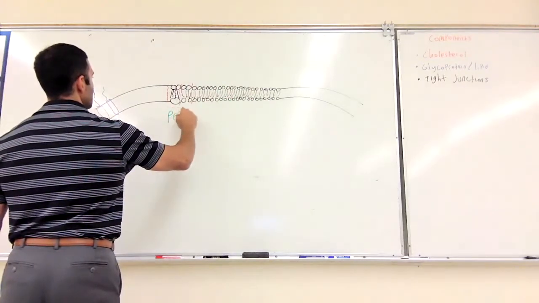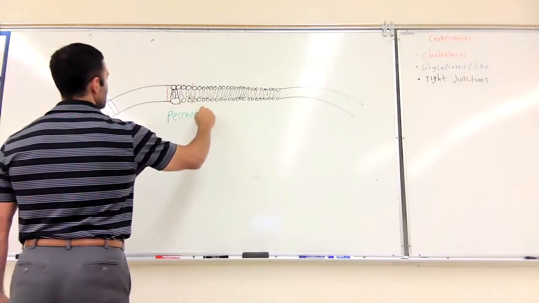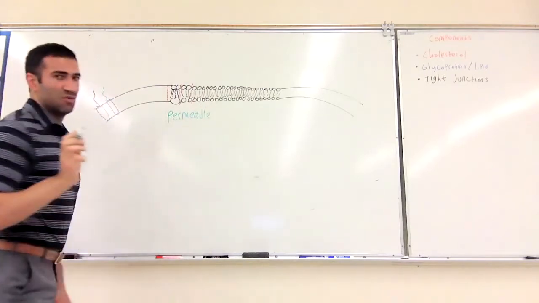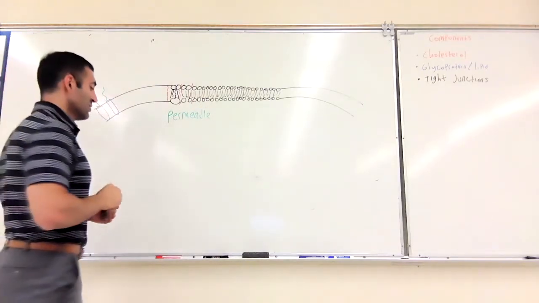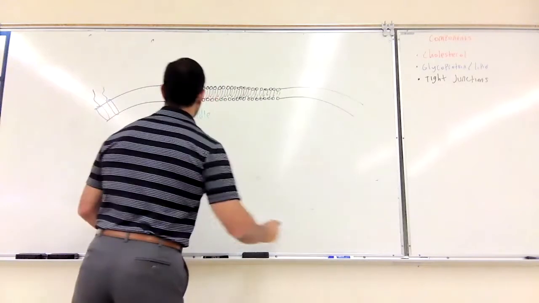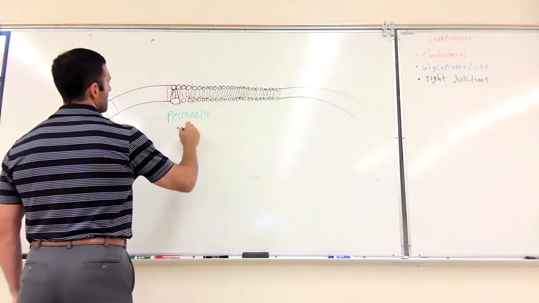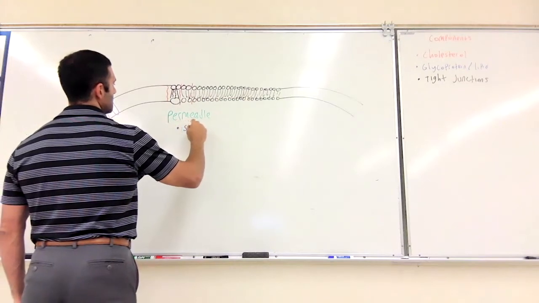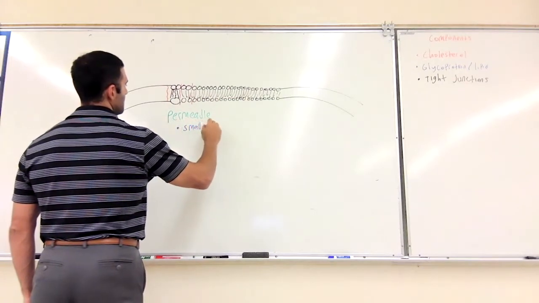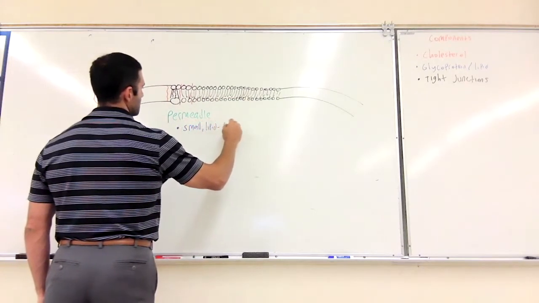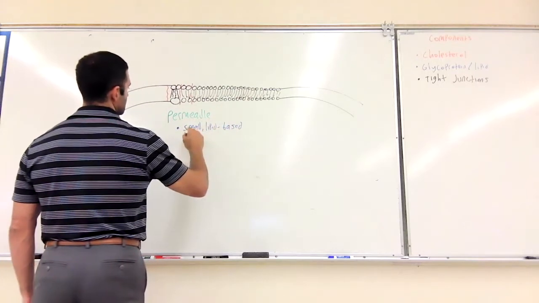And it's more like what isn't permeable. Because basically what's permeable through the cell is one thing is going to be small lipid-based molecules.